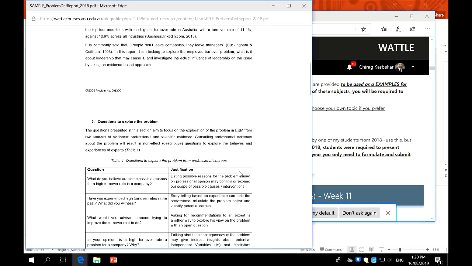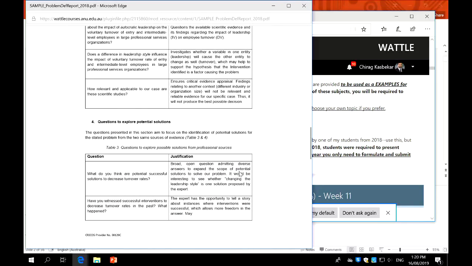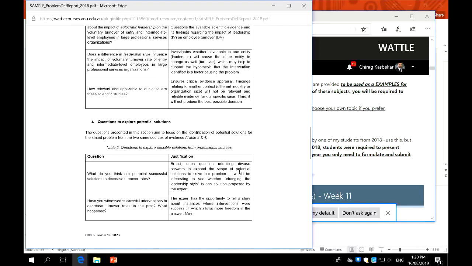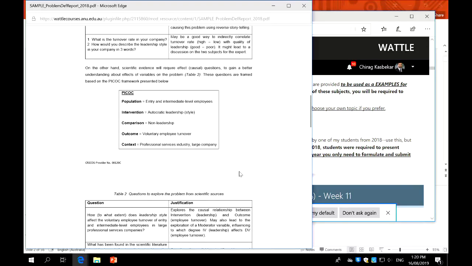This year you don't have to do that, so your job is easier than last year. You just have to focus on scientific evidence. So what are some questions you might ask of scientific evidence? The student is focusing on the leadership style adopted by managers and its impact on turnover.